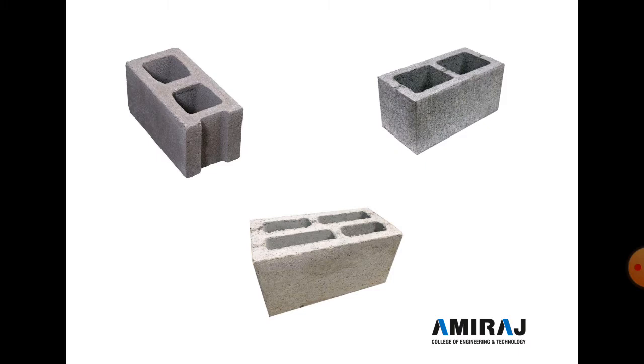But the inside part, the hollow portion shape, is different. In the first figure two hollows are given but the size is small, in the second figure two hollows are given but the size is larger, and in the third figure four hollows are given but the size of the hollow is different.